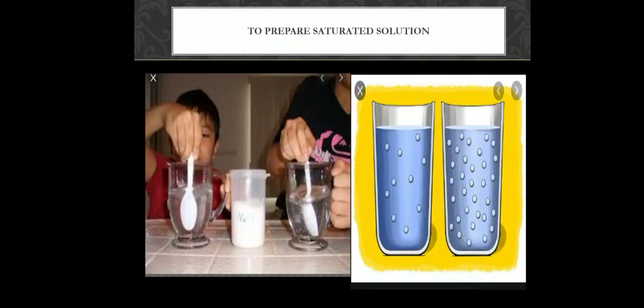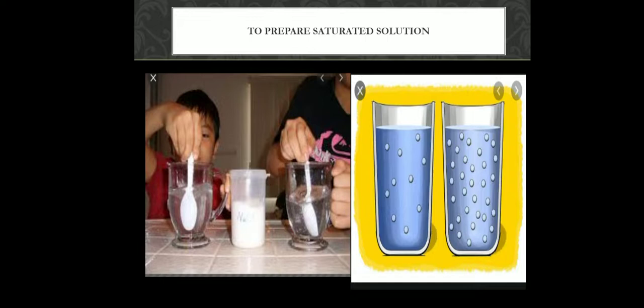Now let us see how to prepare a saturated solution. We require a beaker or a small pan, a spoon, salt and water. Pour half a cup of water in the beaker, add 1 teaspoon of salt and stir it well until the salt dissolves completely. Again add a teaspoonful of salt and stir well.